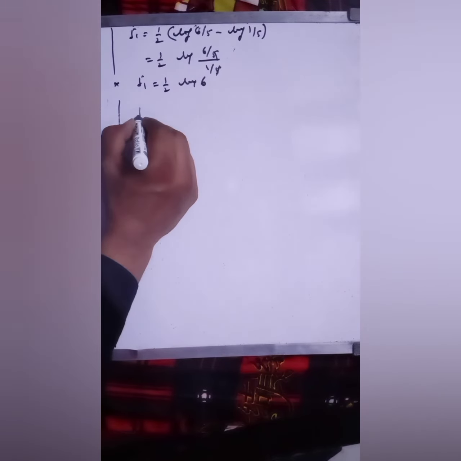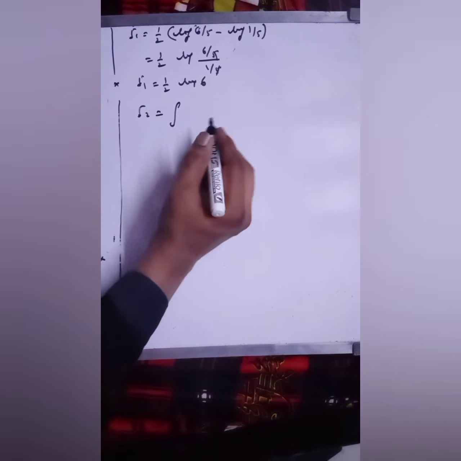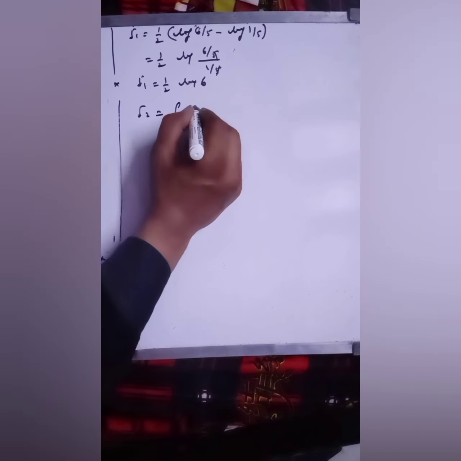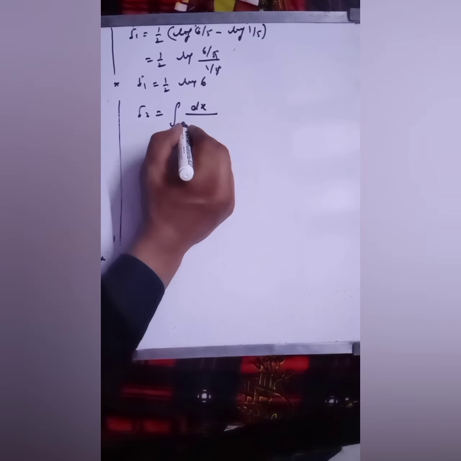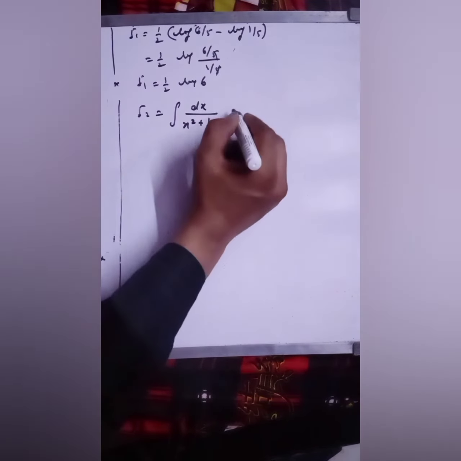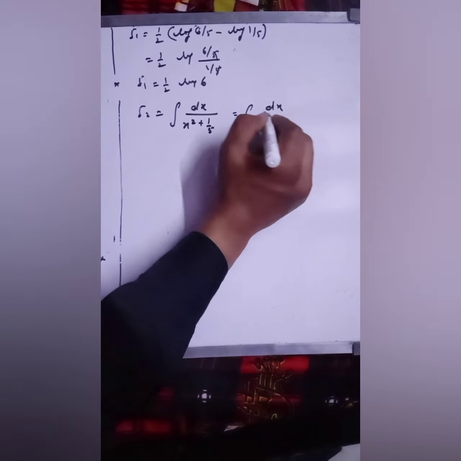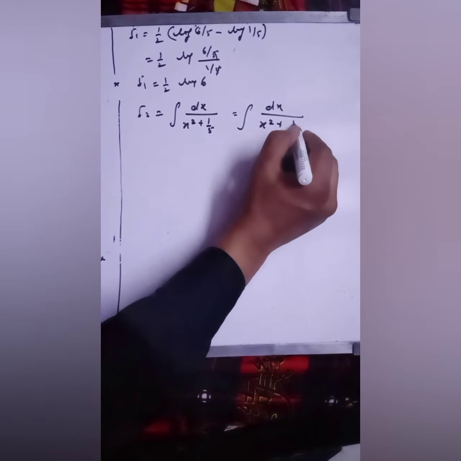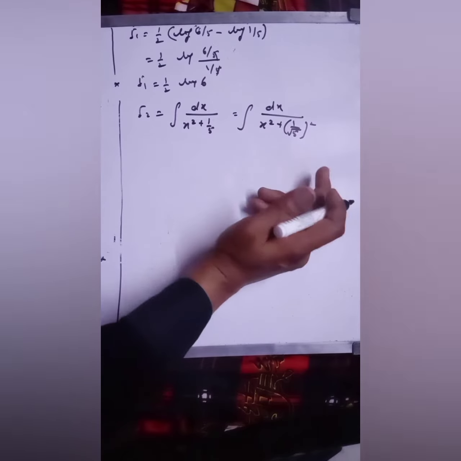Okay, so your I2 is the integration of dx over x square plus 1 by 5. You can convert this to dx over x square plus (1 by root 5) whole square.